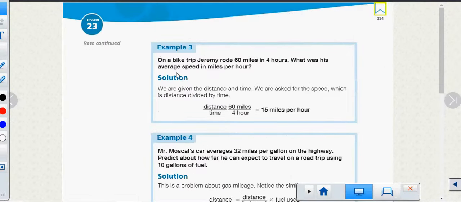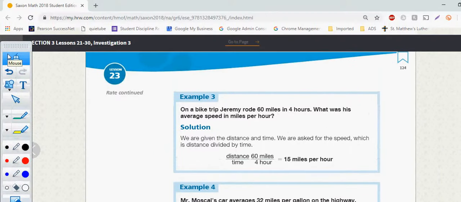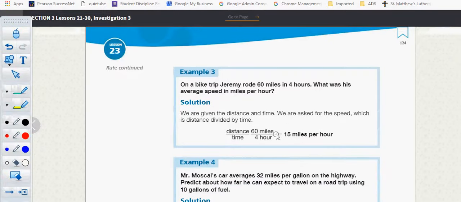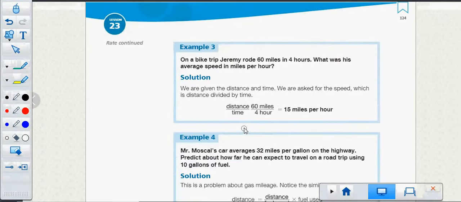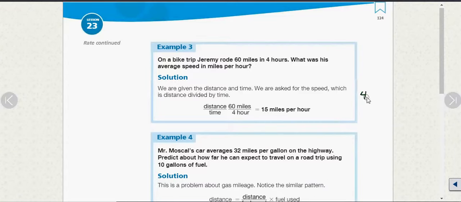On a bike trip, Jeremy rode 60 miles in 4 hours. What was his average speed? We want to get the ratio so that it's a 1 in the denominator. So 60 to 4, we're getting good at that. Label it so we know what's on top and on bottom. And since 4 goes evenly into 60, we're going to solve this by dividing 4 into 60.